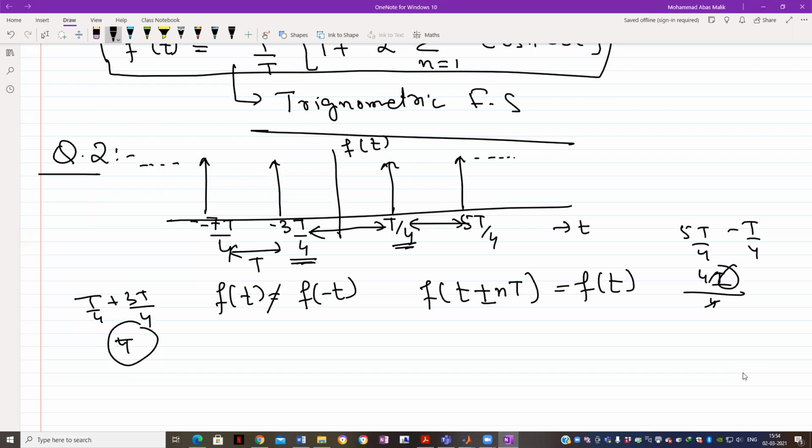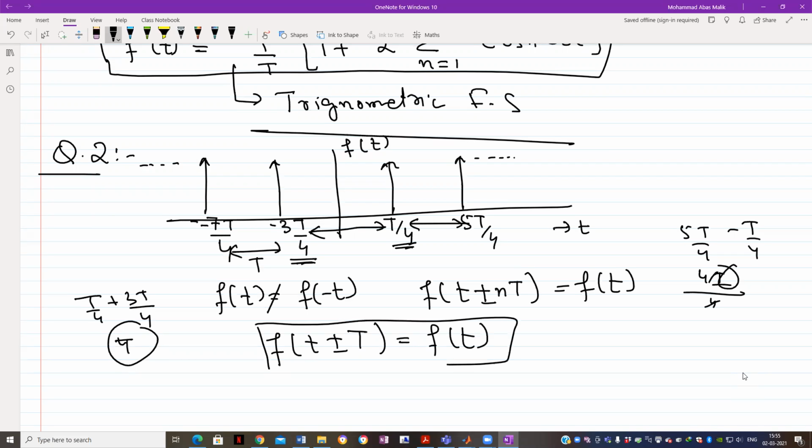So this signal is a periodic signal because f of t plus or minus capital T is always equal to f of t. The waveform or the shape of the signal is repeating after T, and capital T here is the fundamental time period, right?